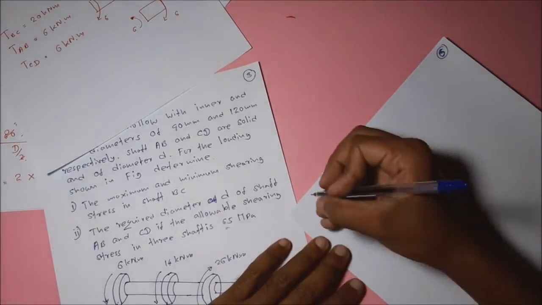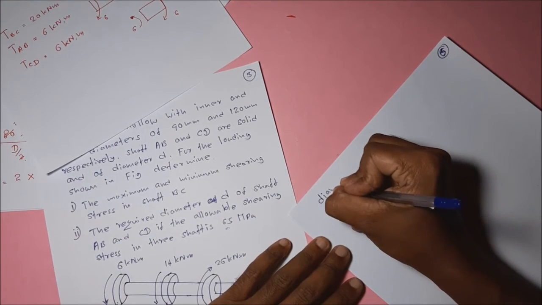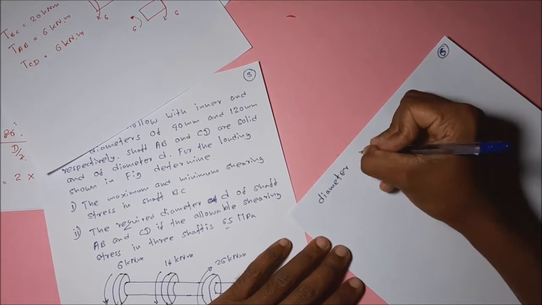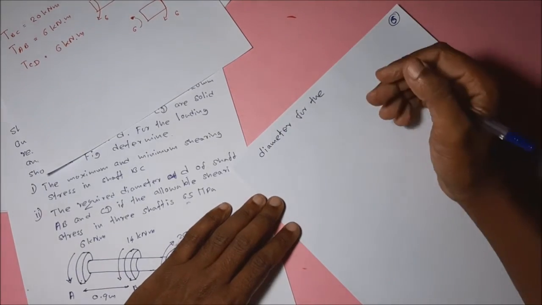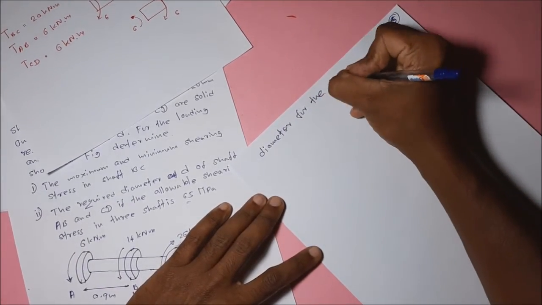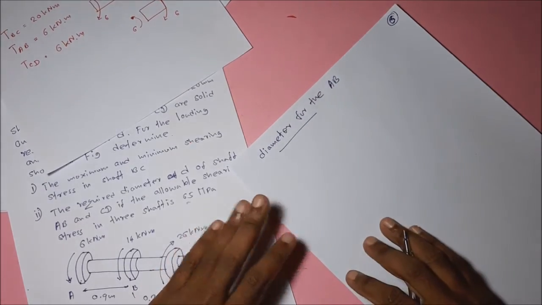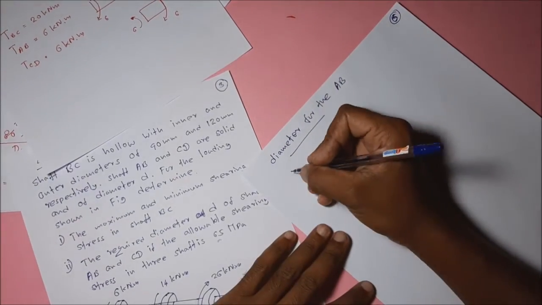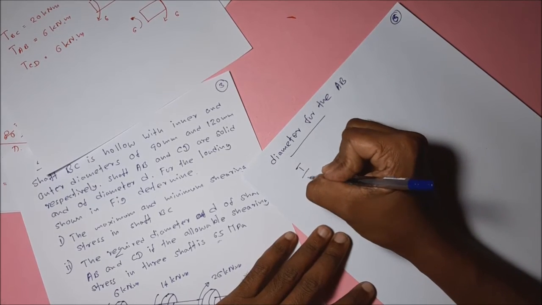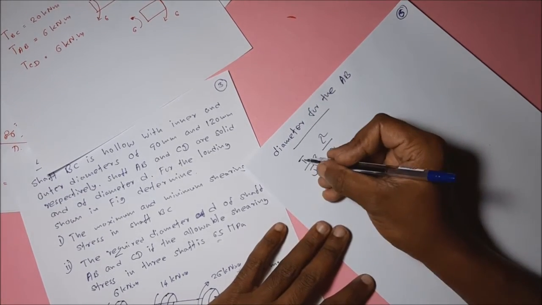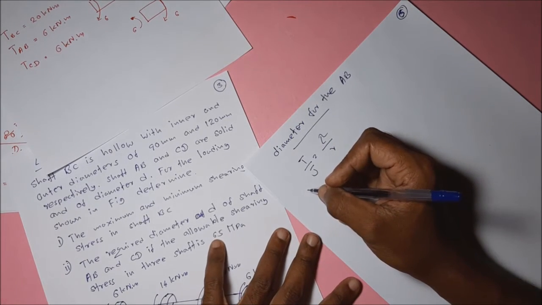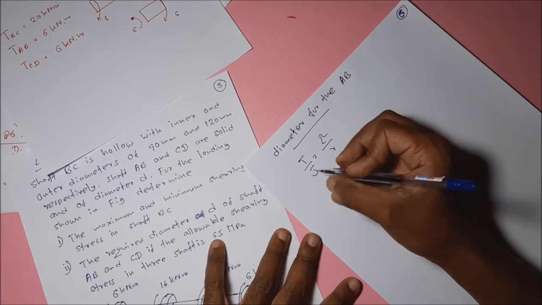Let's consider the diameter for the AB shaft. Then again I am using T over J is equal to tau over R. The maximum shear stress refers to the maximum diameter.